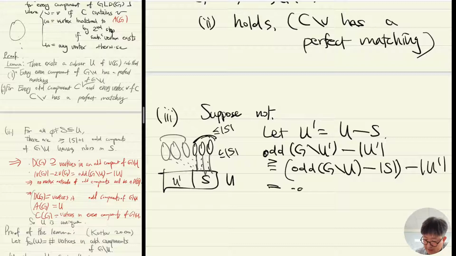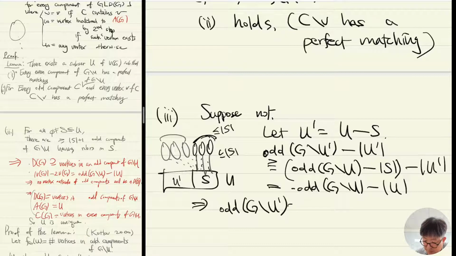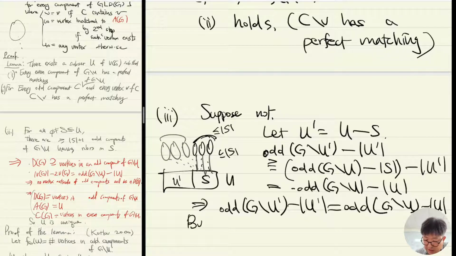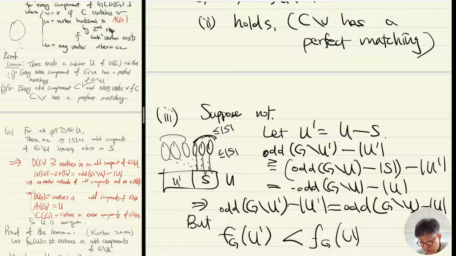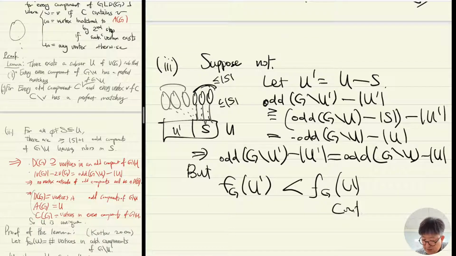This is the same as the number of odd components of G delete U minus U. So again, by the same logic, the number of odd components of G delete U prime minus U prime is equal to the number of odd components of G delete U minus U. But f of G, U prime, the number of vertices in the odd components, is strictly less than f of G, U. So that's a contradiction. Okay, so that proves 3.